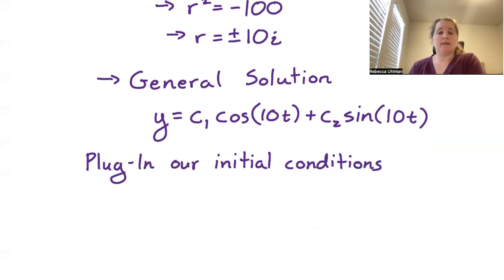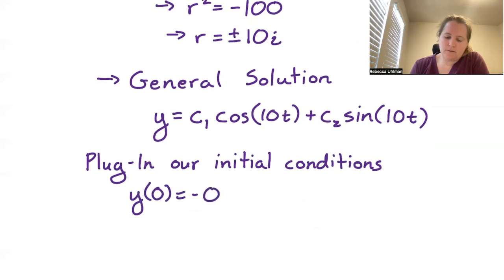So plugging in the initial conditions, we had y of 0 was negative 0.05, and y prime of 0 is negative 0.5.